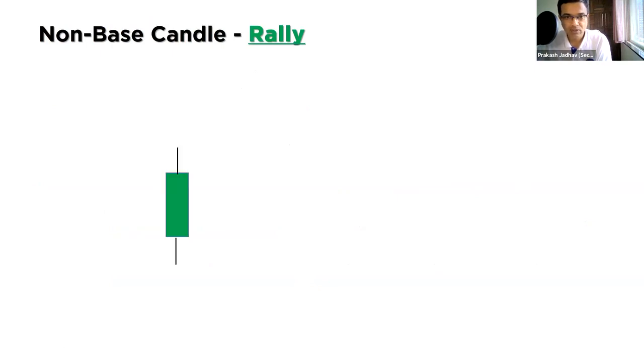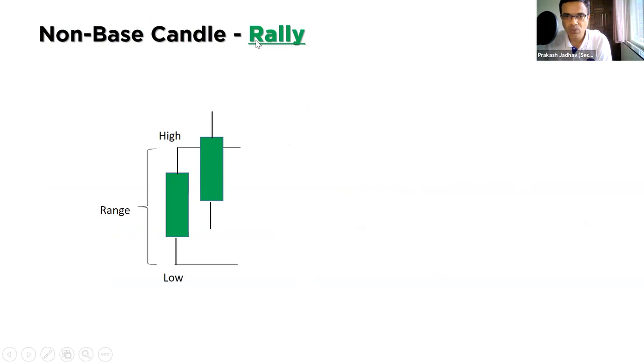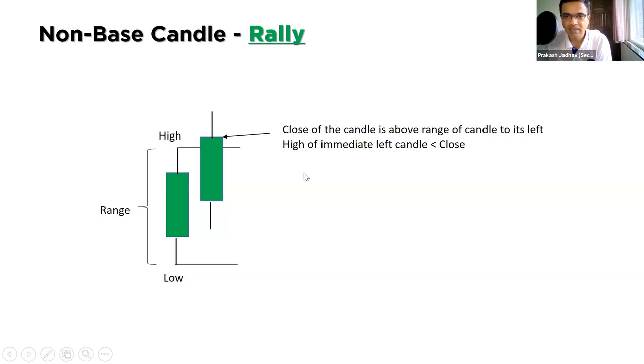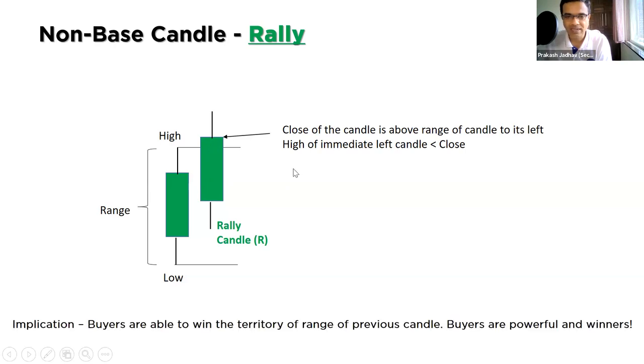Non-base candle, rally. Now this is the range of the candle on the left, and this candle has closed above the high of the earlier candle. That means this candle is a rally candle, because it's a non-base candle which has closed above the high.